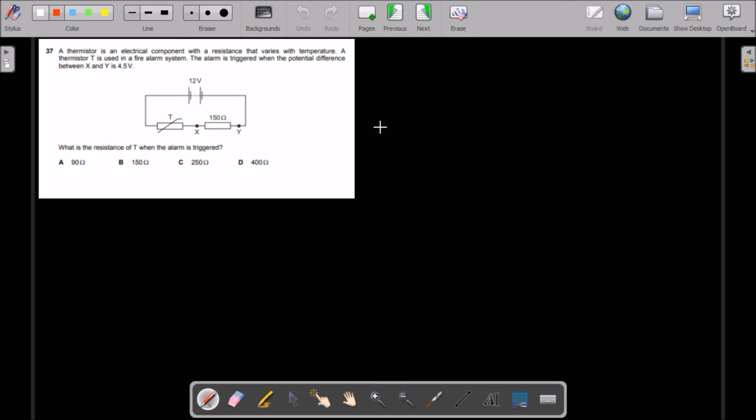First of all, I want to find the current of the circuit. By Ohm's law, V equals IR, so 4.5 equals I times 150. So I can find I equal to 0.03 ampere.